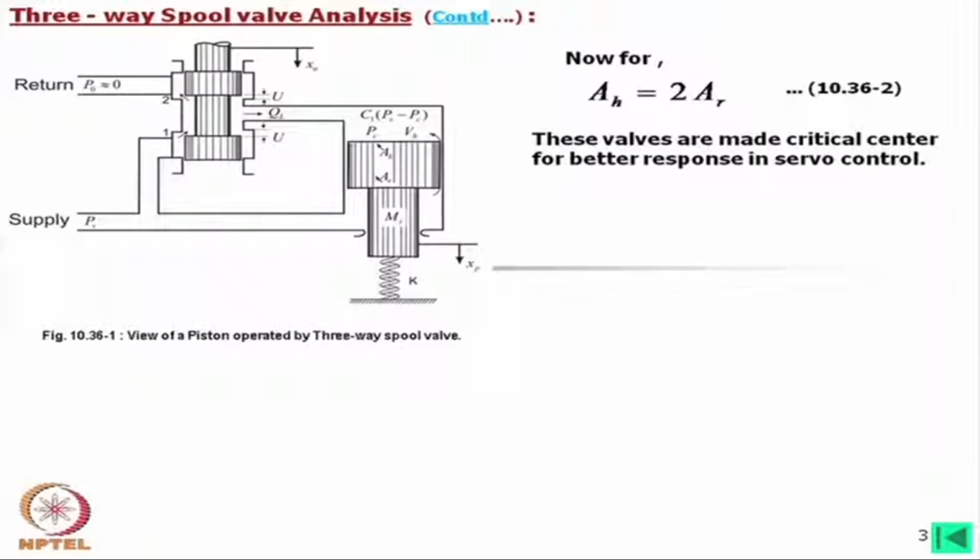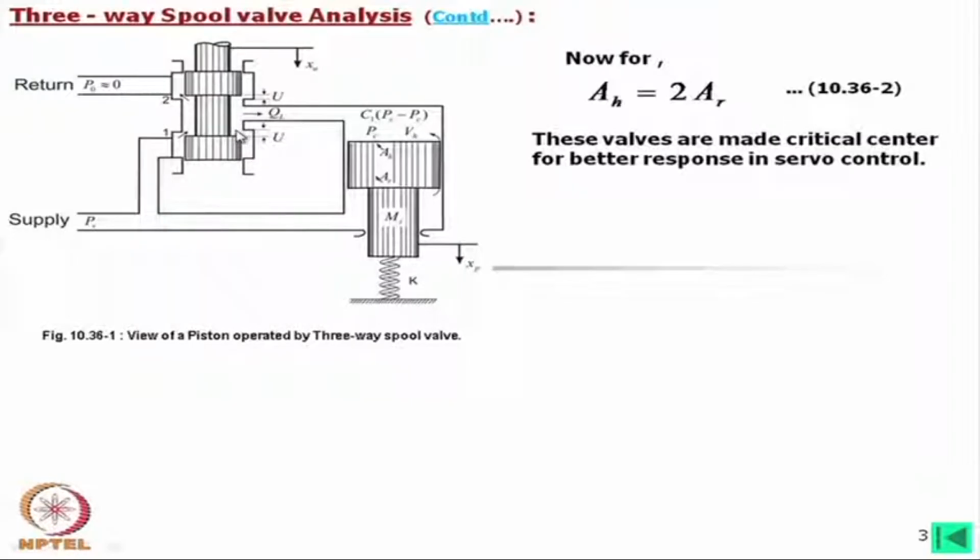Do you understand my point? I told that maintaining the critical center is difficult. This means that to make such valve critical center, both this groove dimension, not only the width of the groove, but also the distance between these two grooves should match with the distance of the spool.